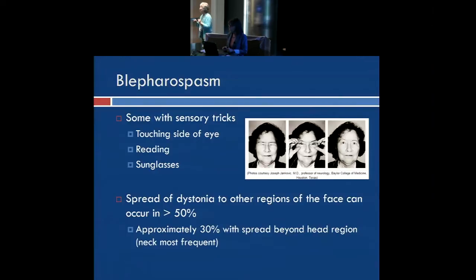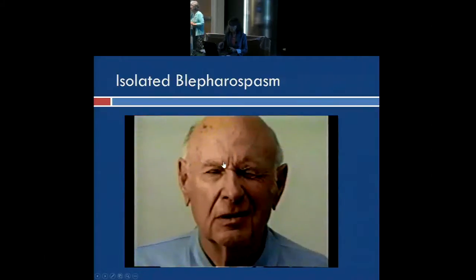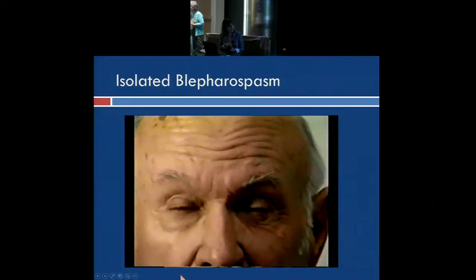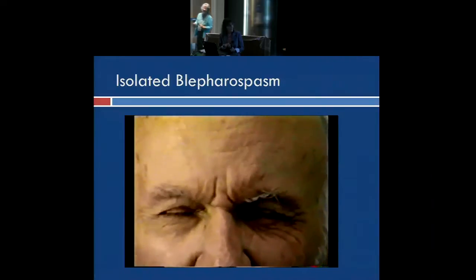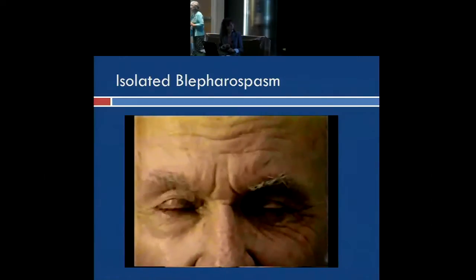So this is a gentleman, and I hope this works, who has kind of typical blepharospasm. Here you can see he's a little asymmetric, a lot of blinking, and then intermittently you will see these tonic spasms, these tonic closures. You can see the corrugator muscles causing this wrinkle, the procerus causing this wrinkle.